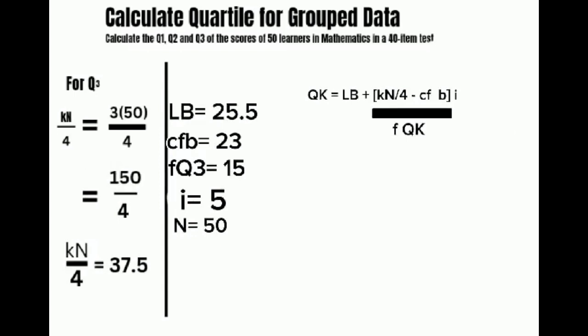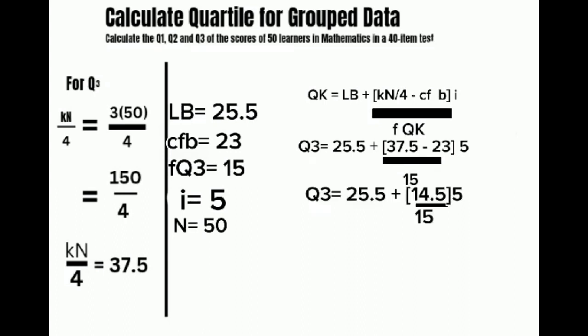Q3 equals lower boundary, which is 25.5, plus kN over 4, which is 37.5, minus cumulative frequency, which is 23, divided by 15, which is the frequency, times our interval, which is 5. So we need to subtract 37.5 minus 23 equals 14.5.